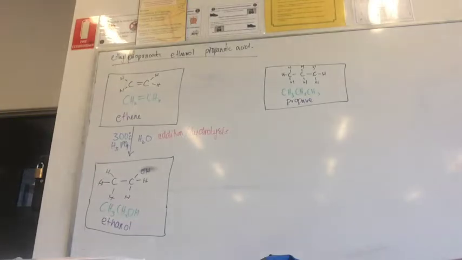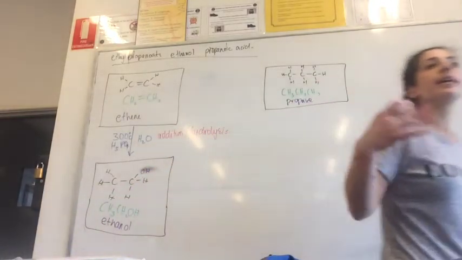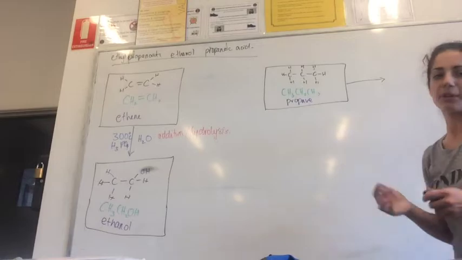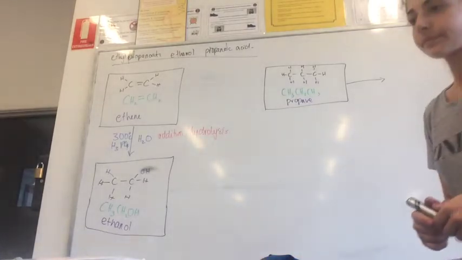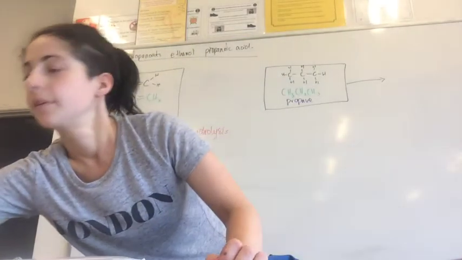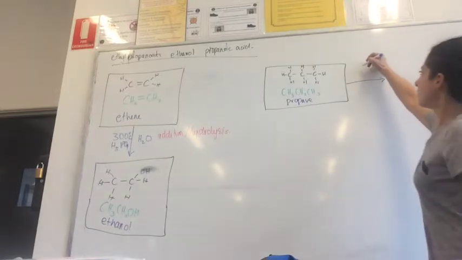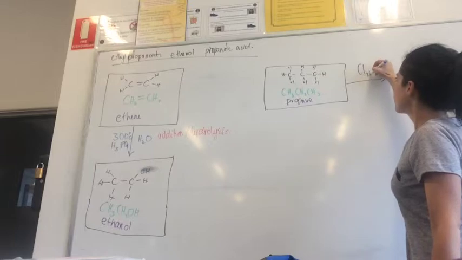Never. So if we go substitution, what's the only thing we can substitute? A halogen. Okay, so let's just go with chlorine. It seems to be the most common one. If we start with propane, there's only a few types of reactions that the alkane can undergo. So we'd start with chlorine gas.